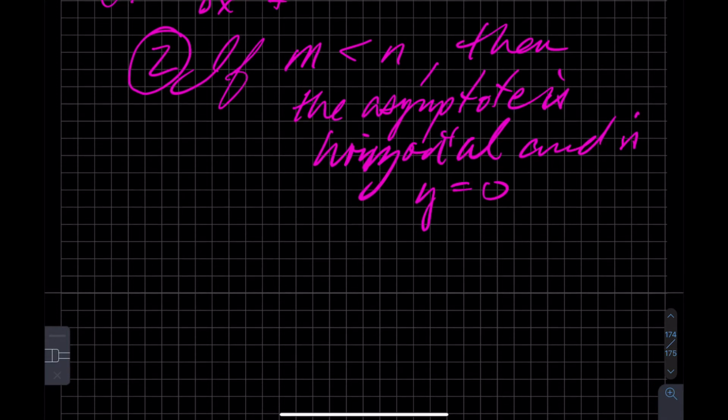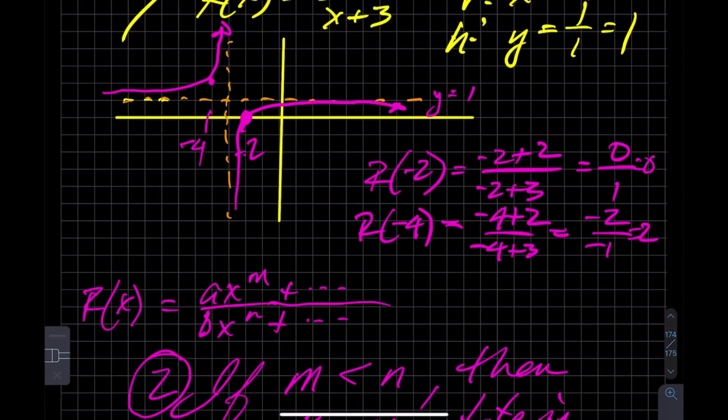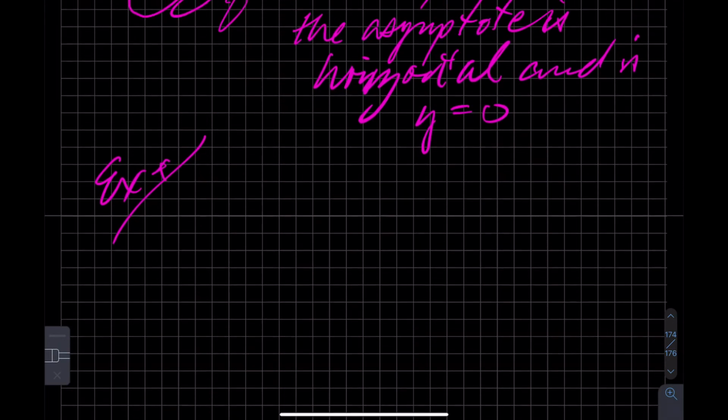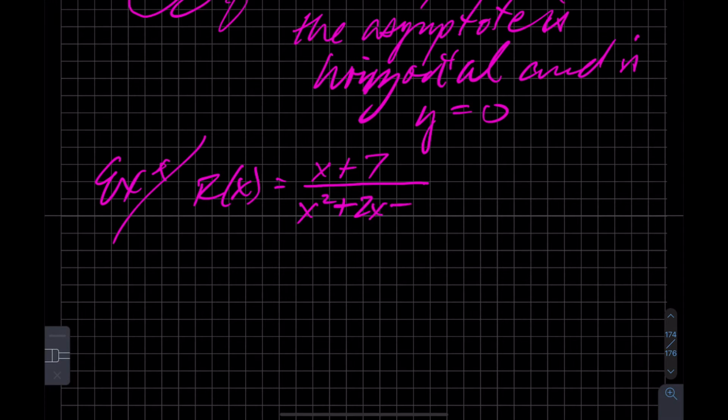Okay? Now, so let's get an example. Again, I think this is 4 now, maybe. Yeah, something like that, 4. And so I'm going to have r of x equal to x plus 7 over x squared plus 2x minus 3.